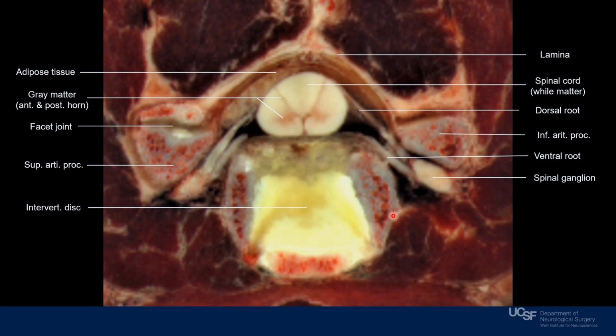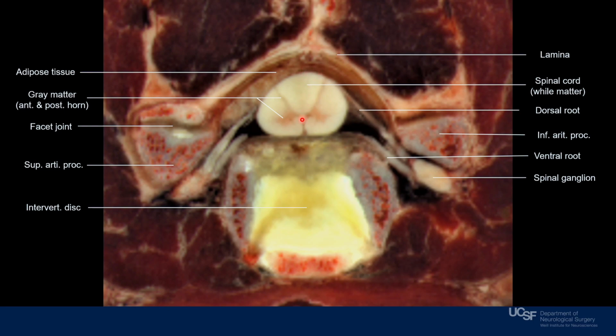And so this is a cross section of the upper lumbar thoracic region, and what we can identify right here is the spinal canal. The spinal canal is the collection of the vertebral foramina.